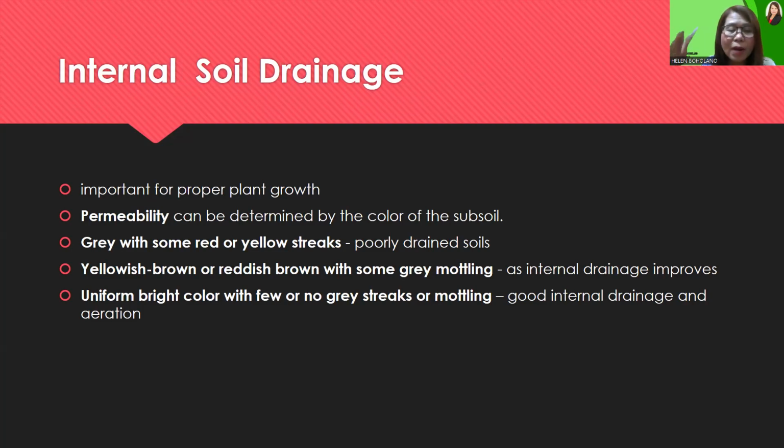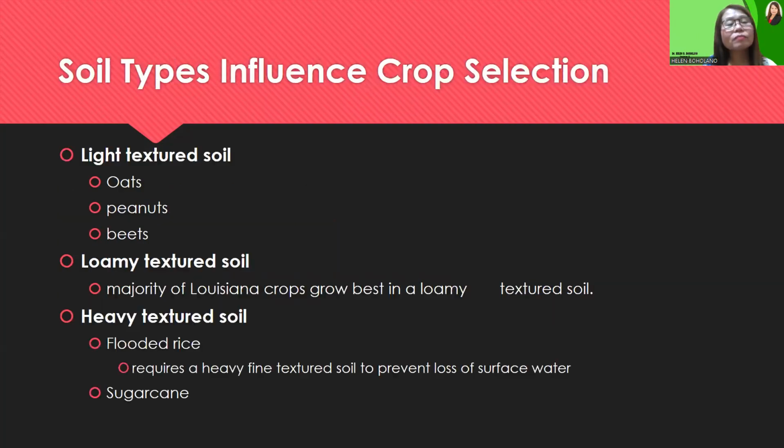Uniform bright color with few or no gray streaks or mottling means good internal drainage and aeration. You have to remember this. Memorization alone is not good, but we need to remember because this is the basis for higher order thinking skills.